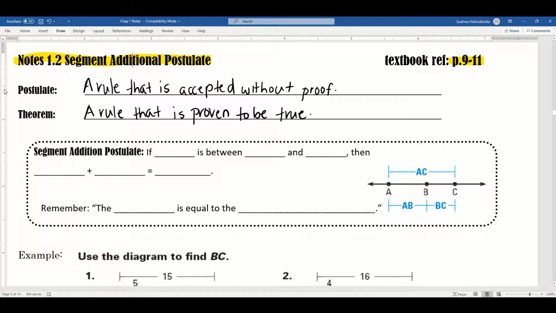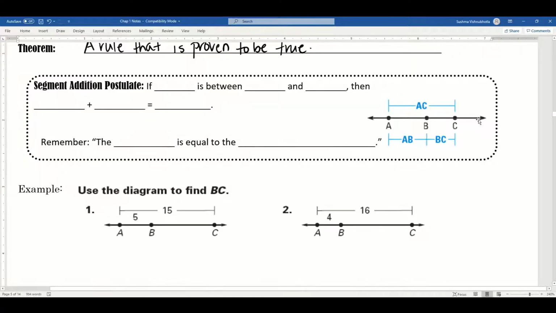So the segment addition postulate says, so segment addition, if you break this word down, we know we're dealing with segments and we're adding them together. And as I fill this out, the points and references are referring to this diagram here.